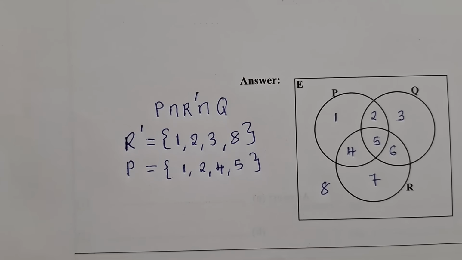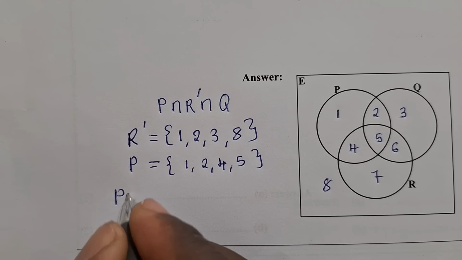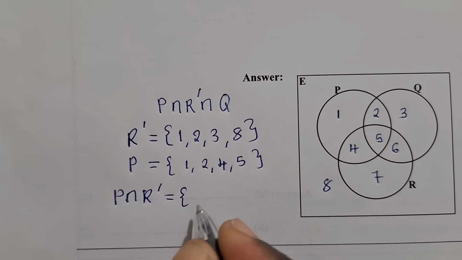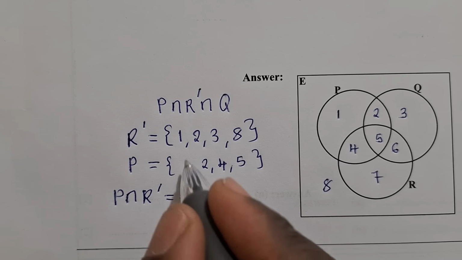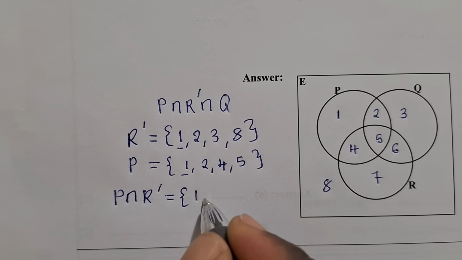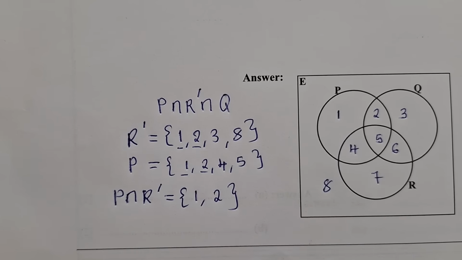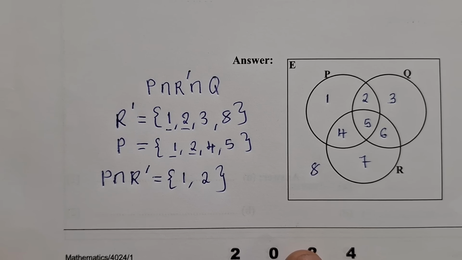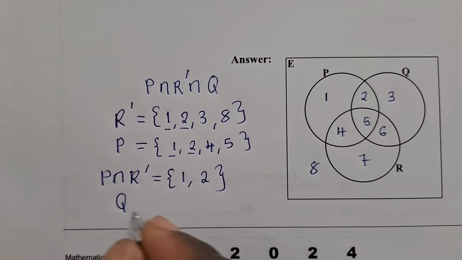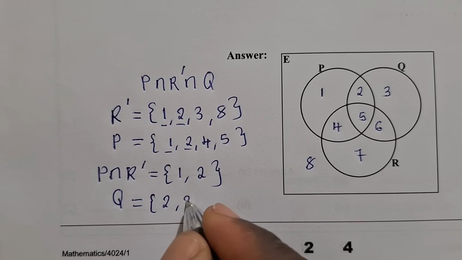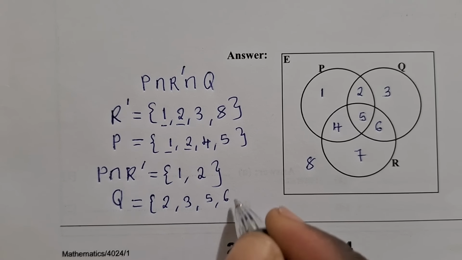This P is 1, 2, 4, 5. That's my P. Meaning P intersect R complement will be what is common here and here. We've got 1, 2, and what else? Just 1 and 2. So what is our Q? Our Q, we check here. That is 2, 3, 5, 6.